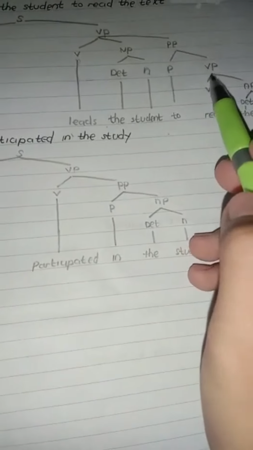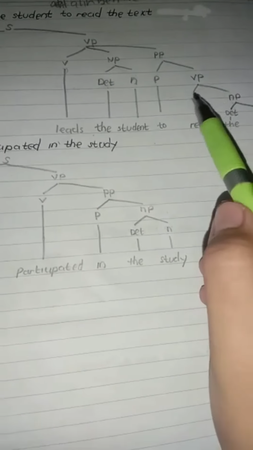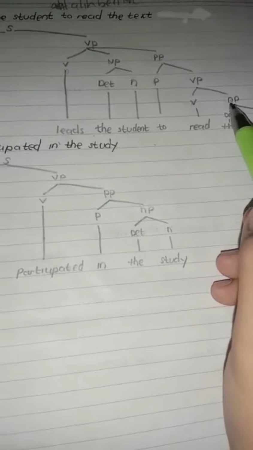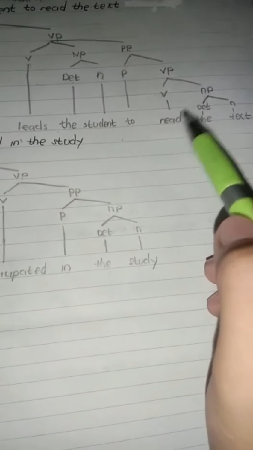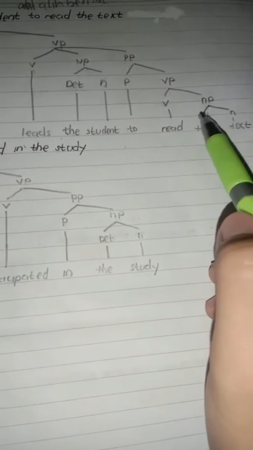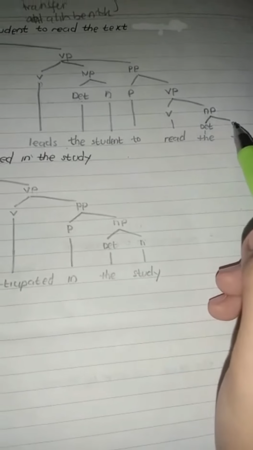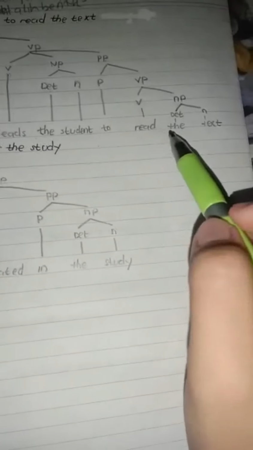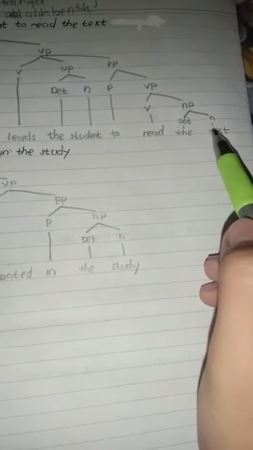And then as usual the phrase is divided into two also, verb and then noun phrase. The verb is read, and then the noun phrase is divided into two, determiner and noun.